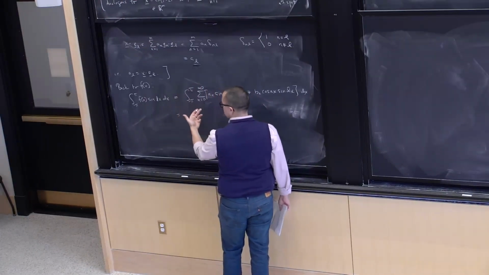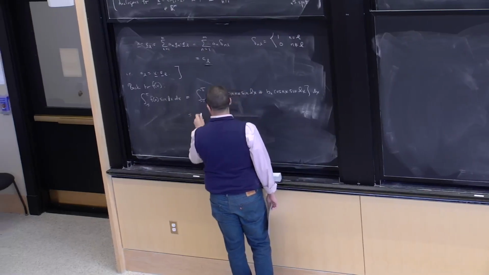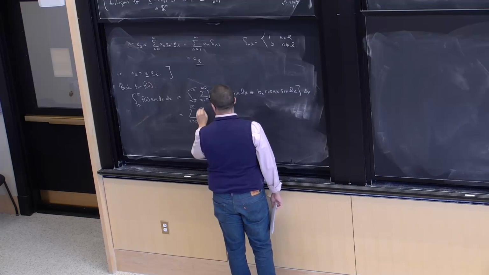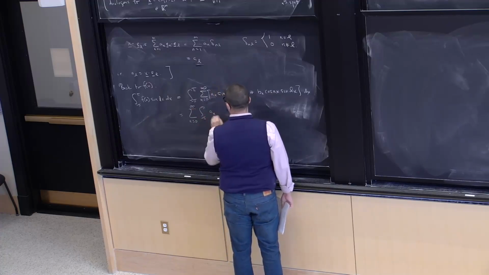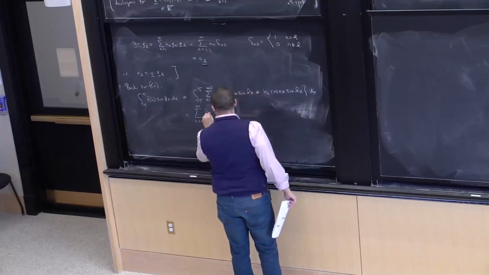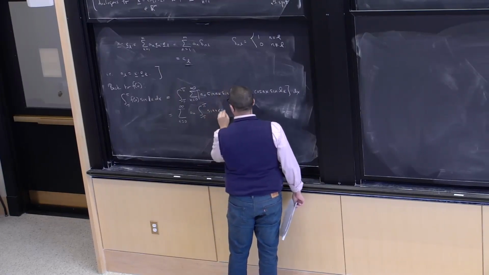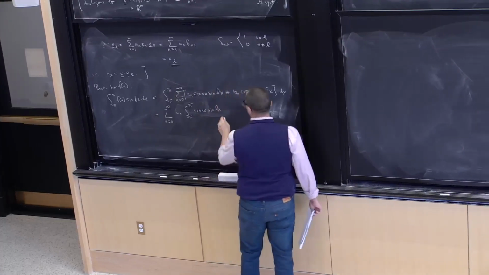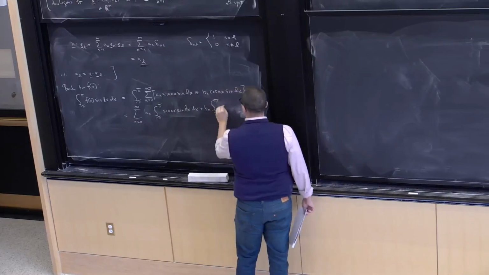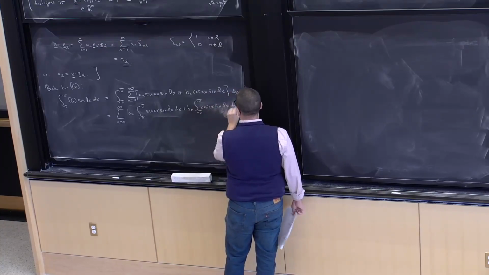This is the interchanging of two limits, right? A sum is an infinite limit. An integration is a limit. So assuming I can switch these two limiting processes, then I pick up a sub n times the integral from minus pi to pi of sine nx sine Lx, plus b sub n times the integral from minus pi to pi of cosine nx sine Lx dx.